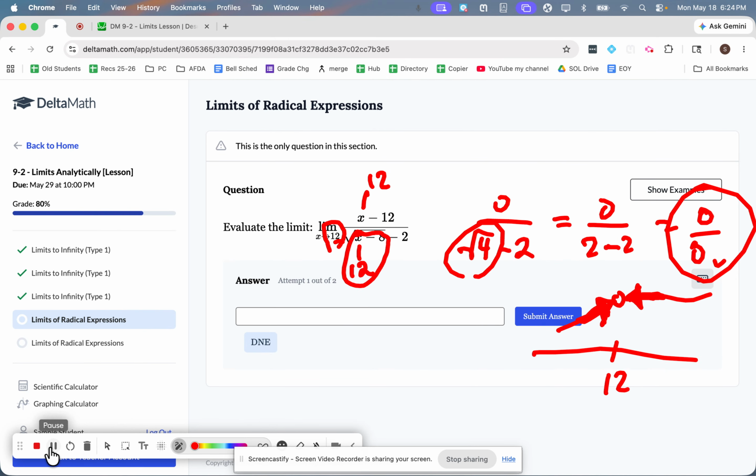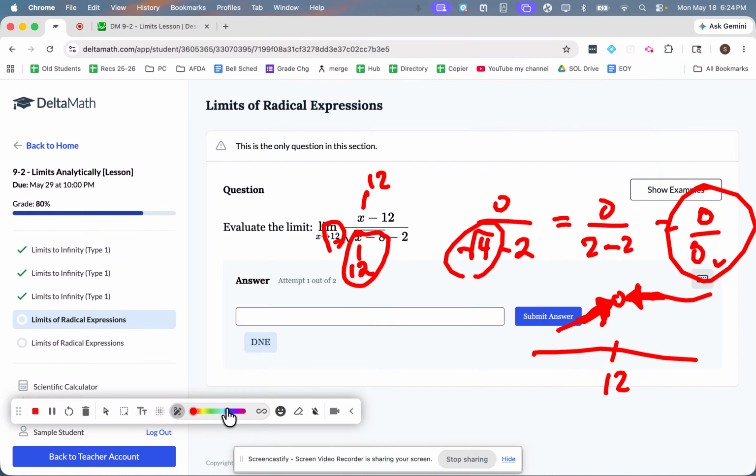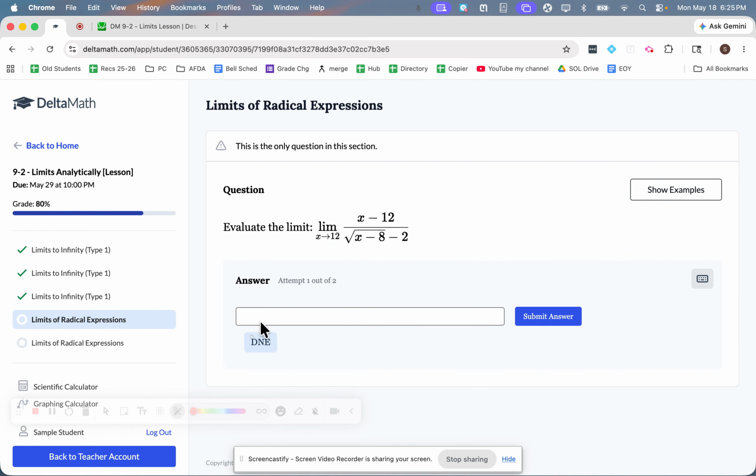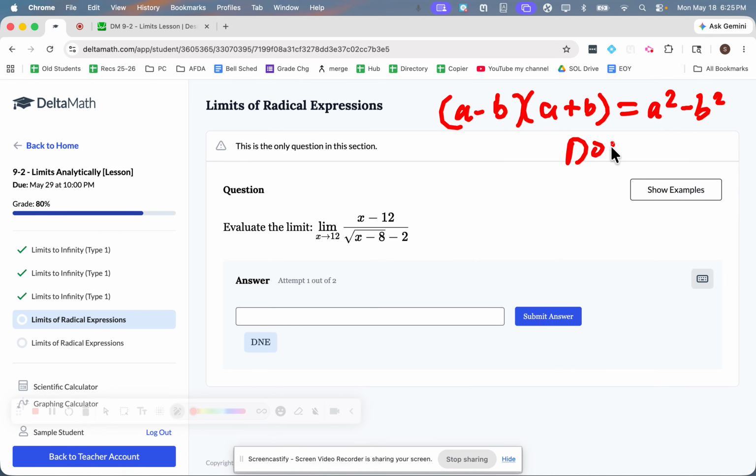And here is what you do. You're going to exploit this rule. Remember, if you have a minus b and you multiply it by a plus b, you end up with a squared minus b squared. This is the difference of two squares.